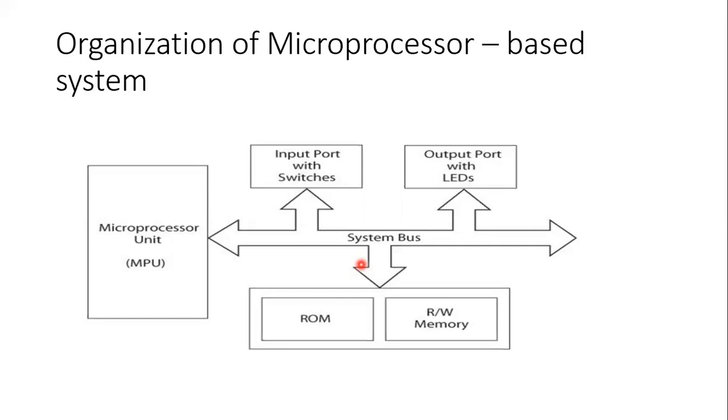Then the memory consists of read-only memory and read-write memory, that is the random access memory. These components are organized around a common communication path called a bus. The entire group of components is also referred to as a system or microcomputer system, and the components are referred to as subsystems.